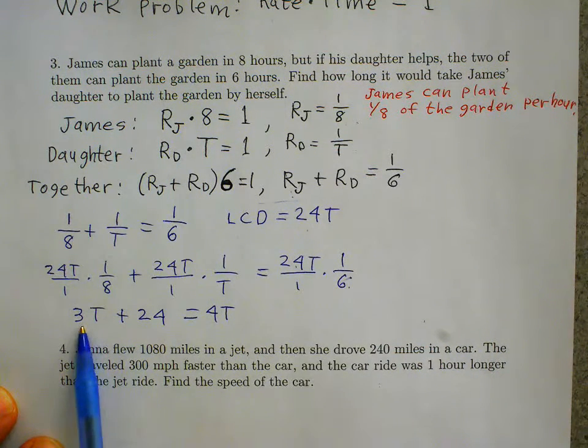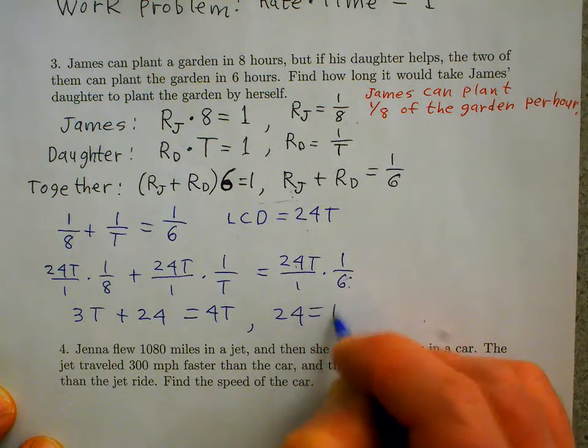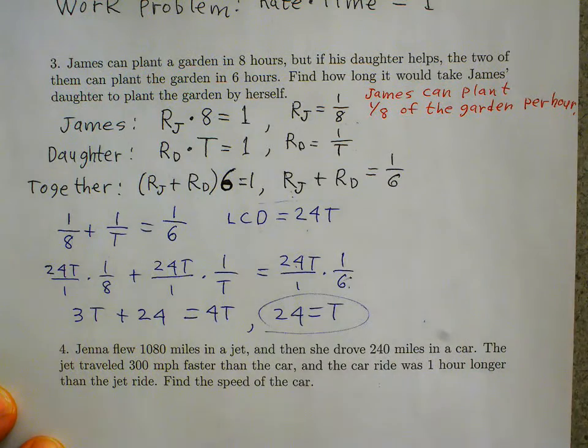And then we're just one step away, subtract 3t from both sides, and we get t equals 24.